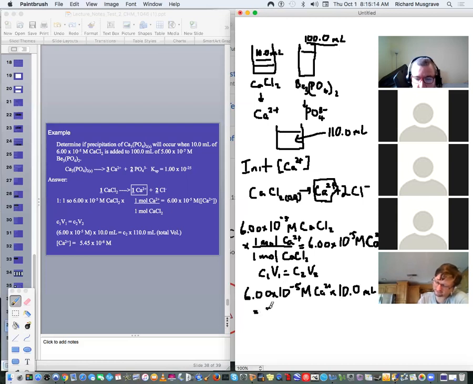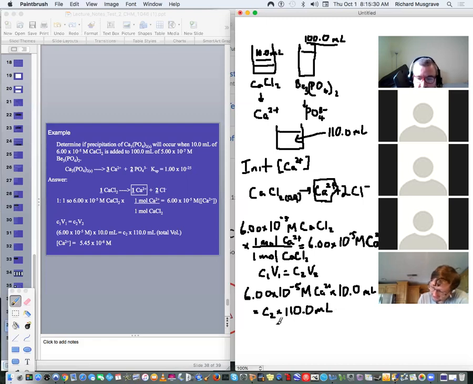And that equals C2, which is what we're looking for, multiplied by the new volume, which is the combination of the two volumes we talked about. This will account for the dilution.